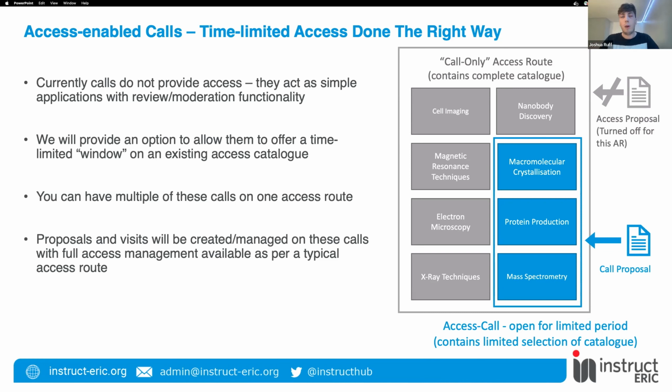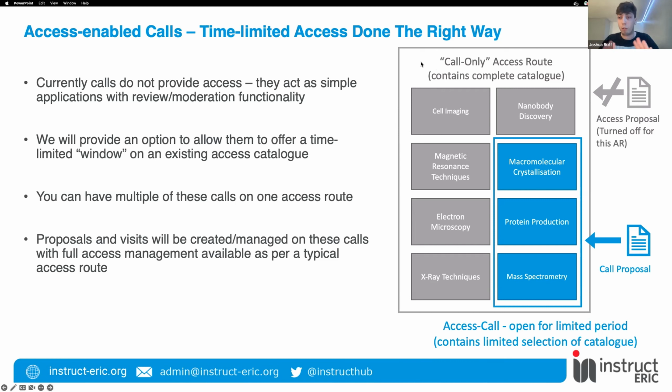However, it's kind of inefficient. It's very monotonous to set up. And what we plan to do is create access calls. Now, access calls are essentially temporary means of access which derive off of an existing access route.